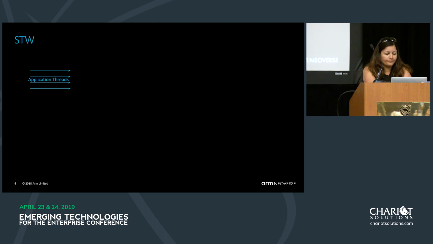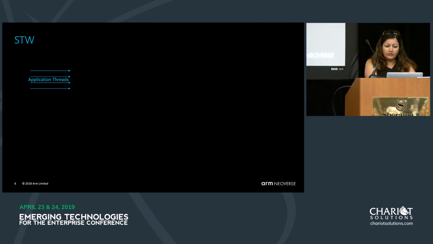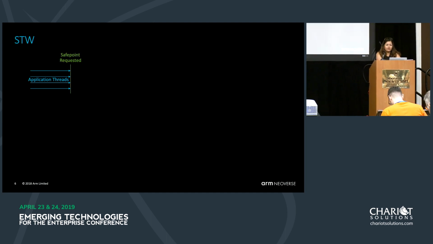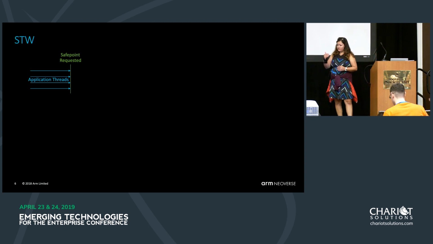So now let's look at the Stop the World concept of garbage collection. You have your application threads, and right now they are filling up your heap, and now there is an object allocation failure, okay? At that time, the garbage collectors need to come in, and so a safepoint is requested.